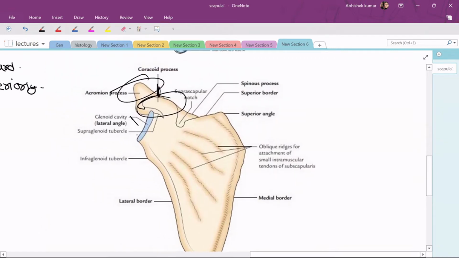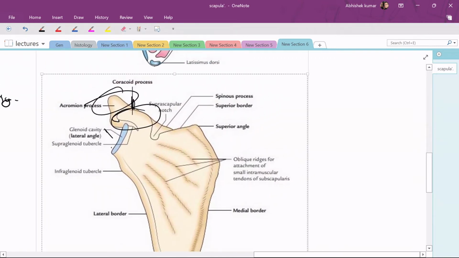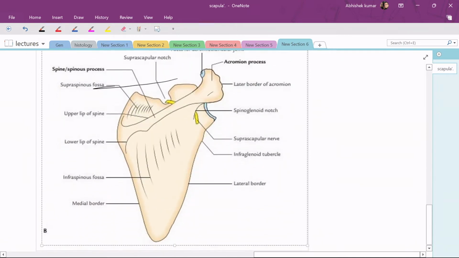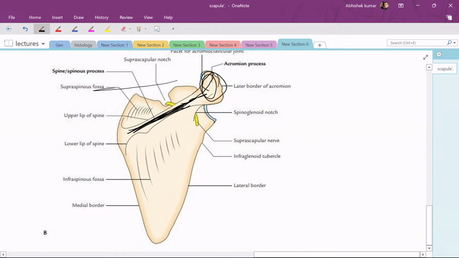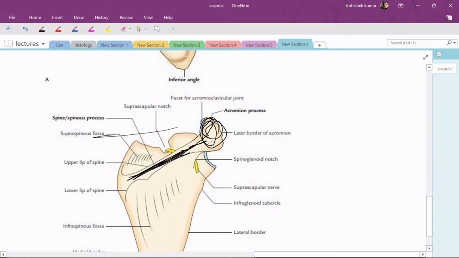Okay, and here is your spinous process. If you look at the back of the scapula, then this process here is the spinous process which continues to the end where it forms the acromion process. And you should know that the tip of the acromion process superiorly is the topmost point of the scapula bone.